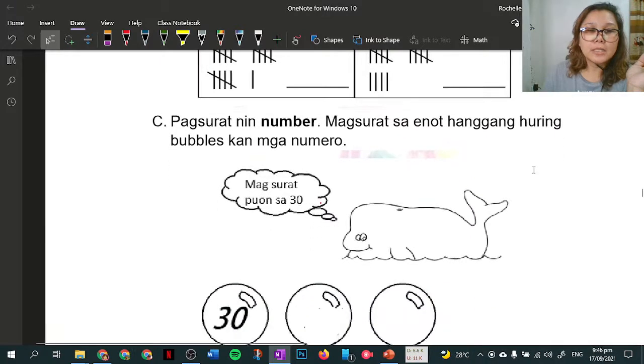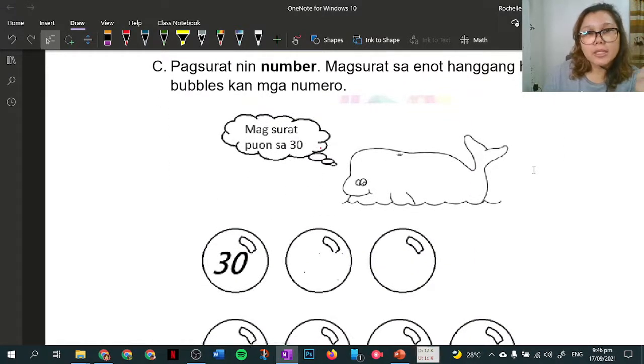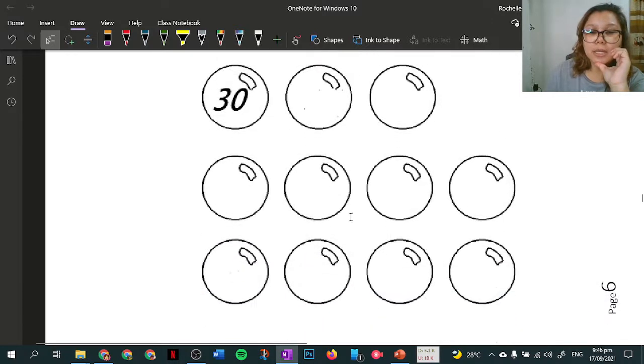Okay. Next one, pagsurat ng number. So, after we associated that the tally can be written as number, so this time, magsurat sa enot hanggang huring bubbles kan mga numero. So, starting with 30. What's next to 30? So, blank, blank, blank, blank, blank, blank. So, you complete the series. So, another blank, blank, blank, blank.